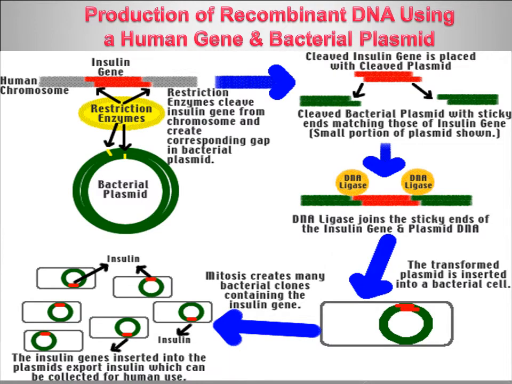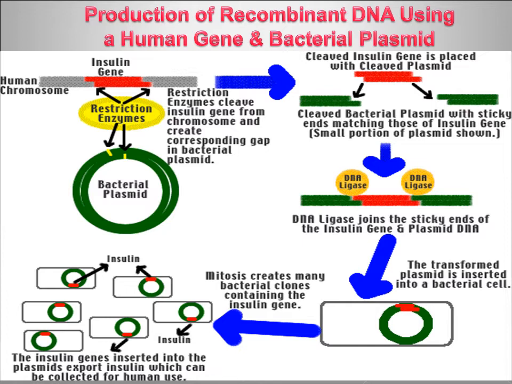It is very easy to understand with the help of the transfer of the insulin gene. Initially you can see this is the human chromosome where the insulin gene is present. With the help of restriction enzymes, we can cut this particular insulin gene and transfer it to this bacterial plasmid.